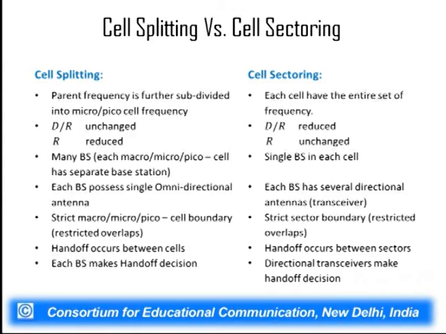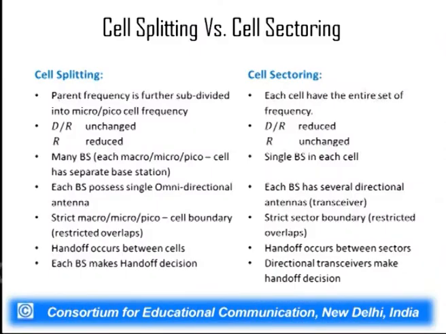Just to summarize, in cell splitting the parent frequency is subdivided into micro and pico cell frequencies, but in sectoring, each cell has the entire set of the frequency band.